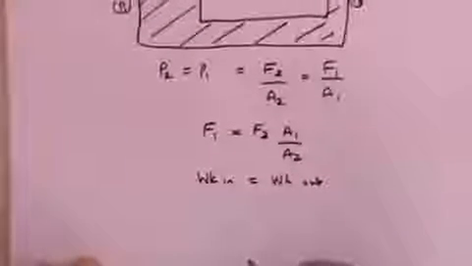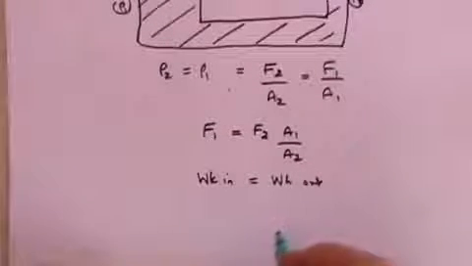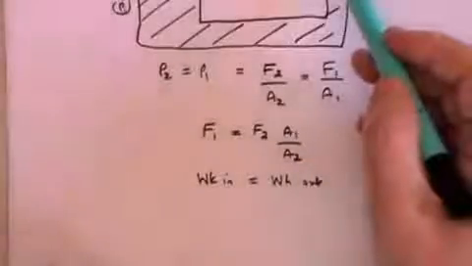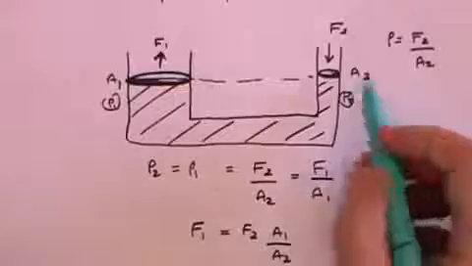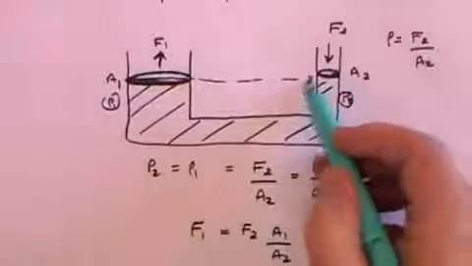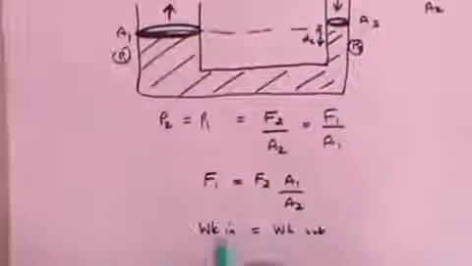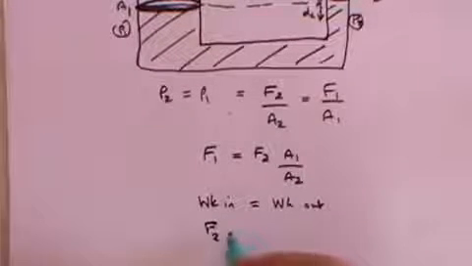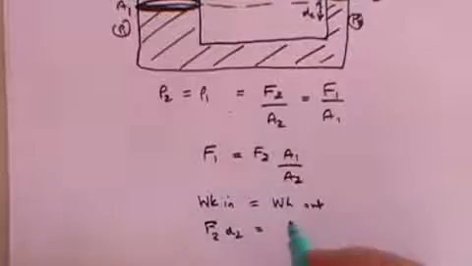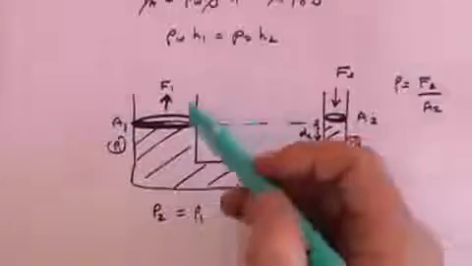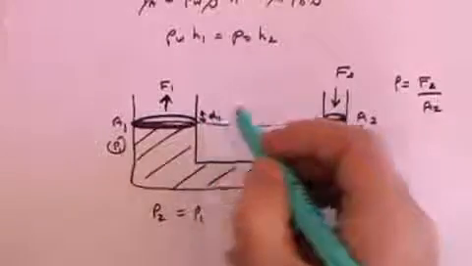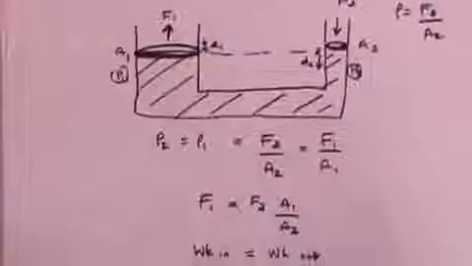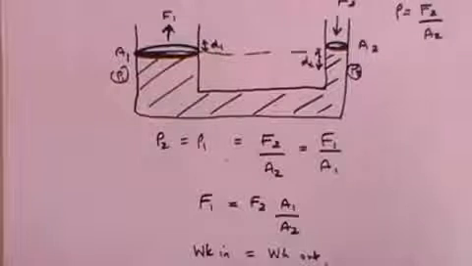And the work in is, of course, always force times distance. So if we take the force in of F2 and we push this piston down a distance D2, then the work in is going to be force 2 times distance 2, and that will equal the force 1 times the distance that you go up, D1. And that is equal to F1 D1.